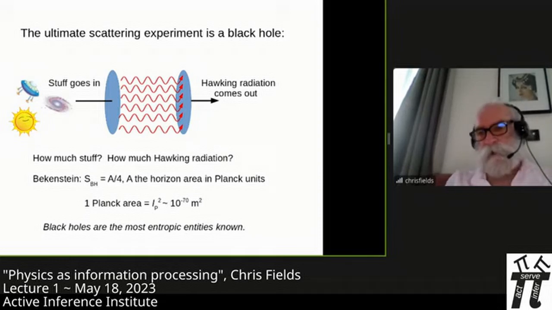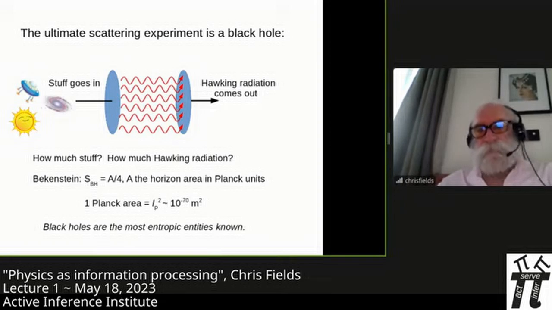And what comes out is Hawking radiation. Information is conserved if the information in the Hawking radiation is actually the same as the information in the stuff that went in. And conservation is not qualitative, it's quantitative. It's only the quantity of information that's supposed to be preserved.